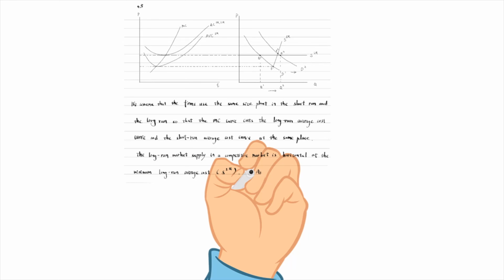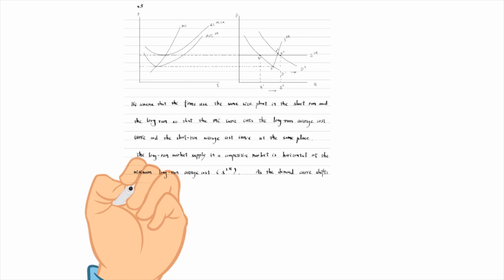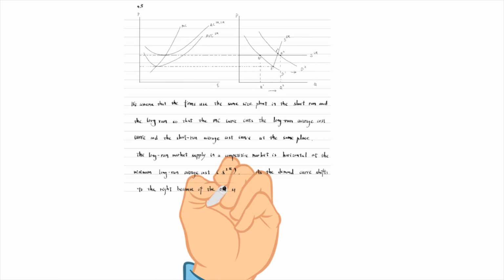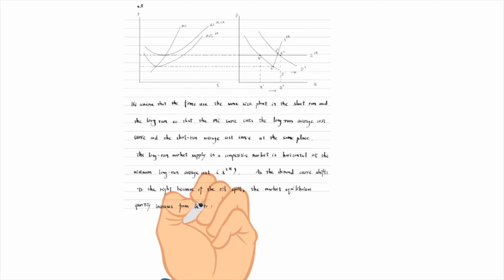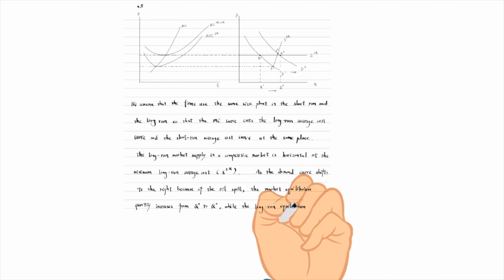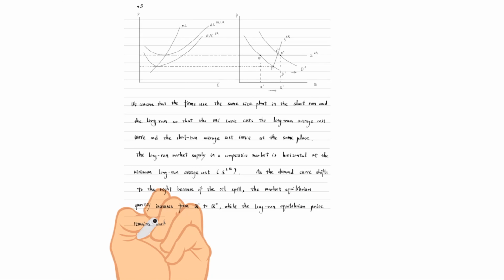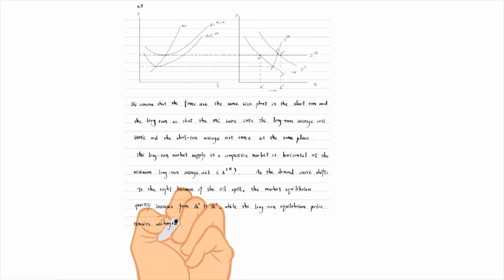As the demand curve shifts to the right because of the oil spill, the market equilibrium moves from E1 to E2. The market equilibrium quantity increases from Q1 to Q2, while the long-run equilibrium price remains unchanged.